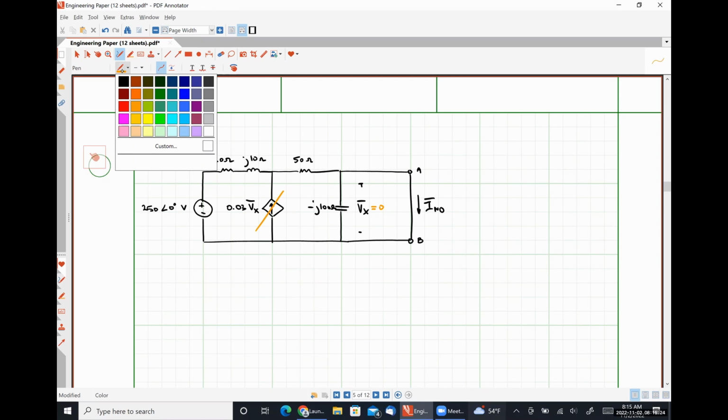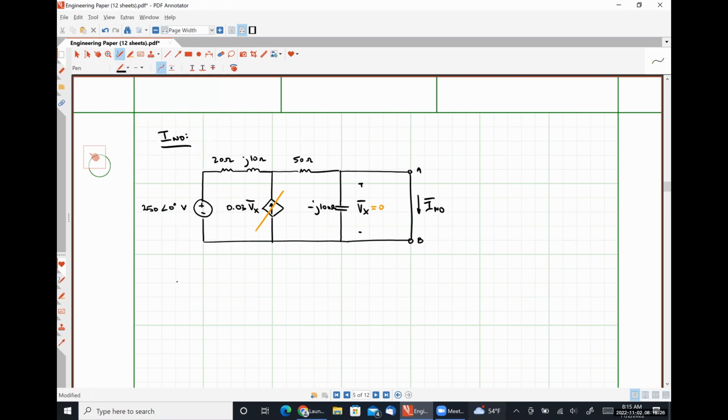So from this, I Norton is going to be 250 angle 0 degrees volts divided by 20 plus j10 ohms. That's the impedance here. Plus 50 ohms. None of the current is going to branch off and flow through the minus j100 ohm capacitor.